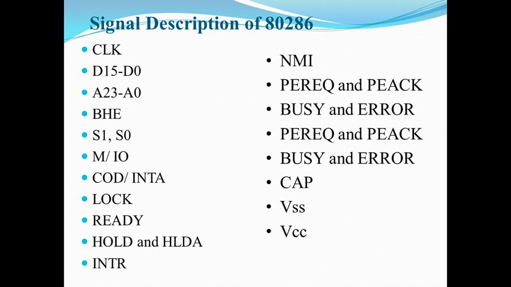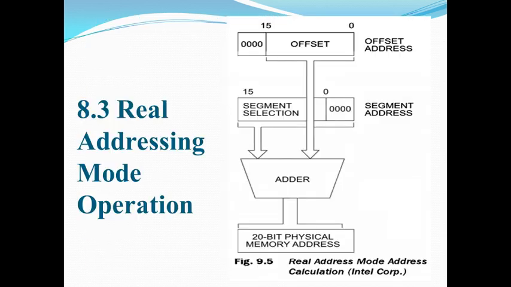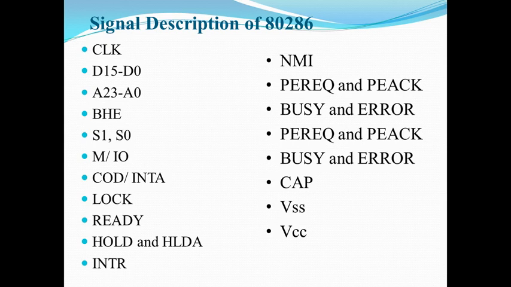VSS is the system ground pin of the 80286. VCC is used to supply the plus 5 volt power supply. So here we have seen almost all pins of the 80286. The new part is regarding these pins: processor request.